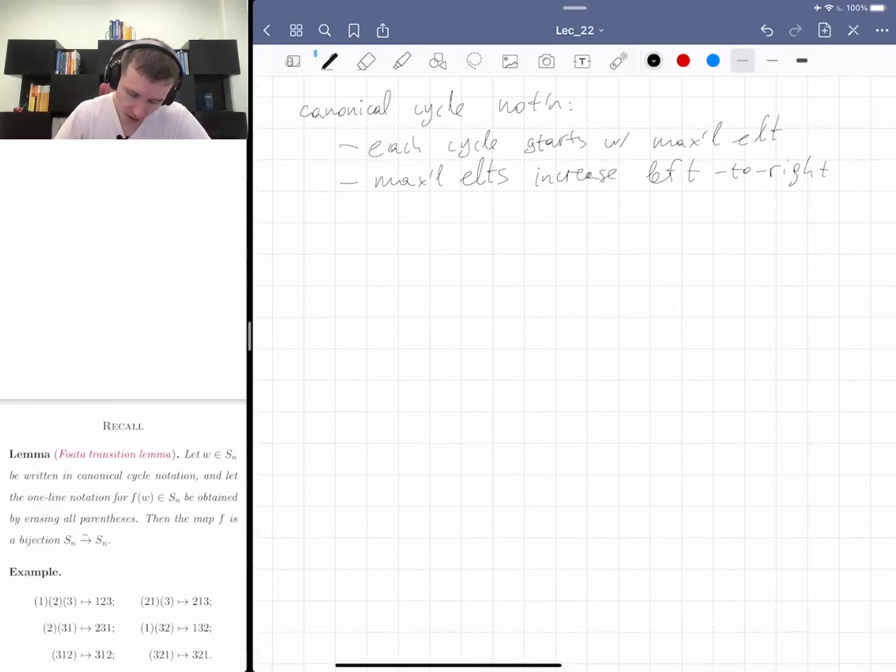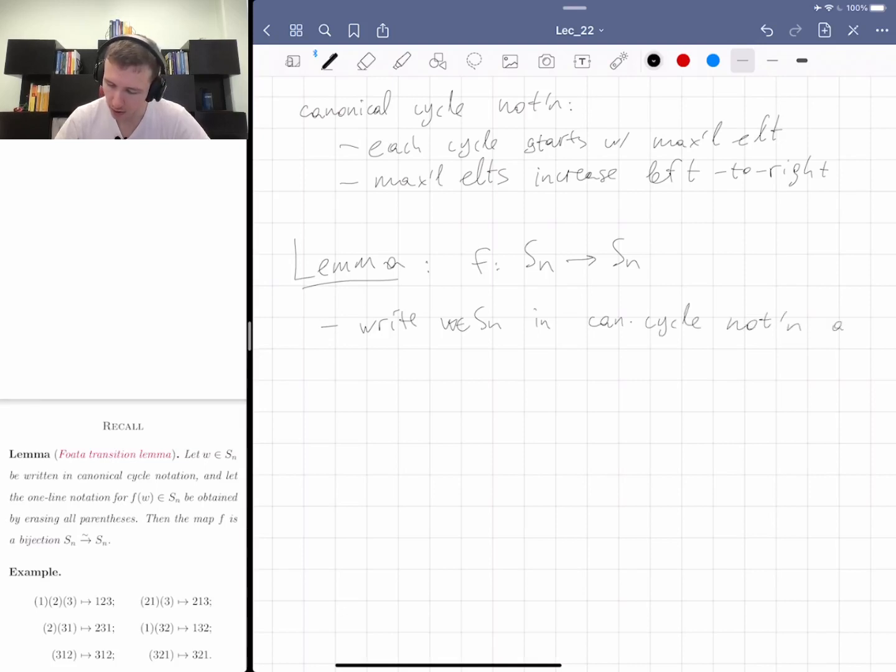And then the lemma was that you have a map f from Sn to Sn, which forgets the parentheses. You take a permutation W in Sn and write it in canonical cycle notation, and then forget the parentheses.